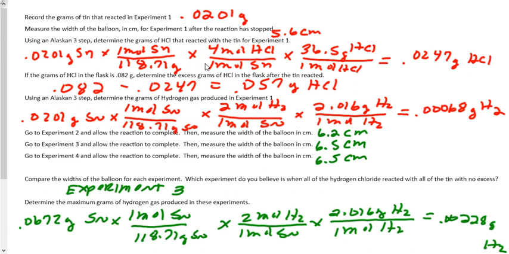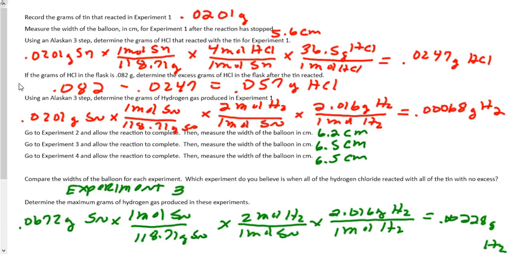If you remember, this is our middle part, which is the stoichiometry. And then we multiply it by 36.5, which is the molar mass of 1 hydrogen and 1 chlorine added together, per 1 mole of HCl. And that gets us 0.0247 grams of hydrogen chloride that's needed to react with the 0.0201 grams of tin.